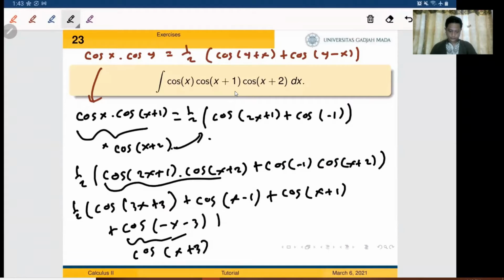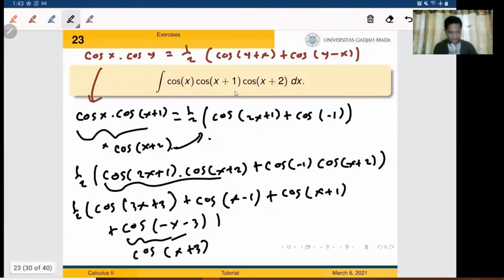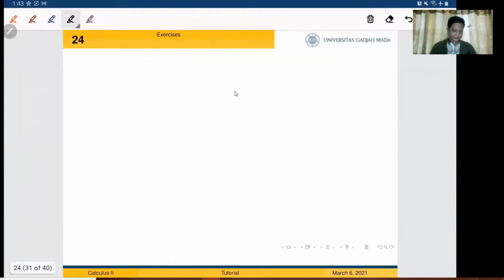So what should we do? Any idea? Yeah, try to solve it one by one. It should be easier, right? This form is much easier. Oh yeah, I also have half here. Okay, so I try to rewrite everything.